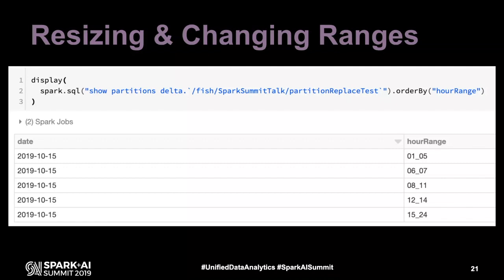So in order to actually resize and replace the partitions, I've made a small example here. You can do simple ranges just as strings with a delimiter between them. And then what I like to do is write a little query library that will translate your query into the proper filter for the ranges.